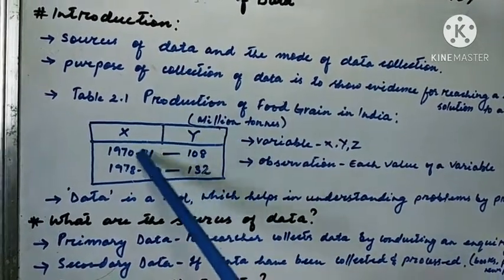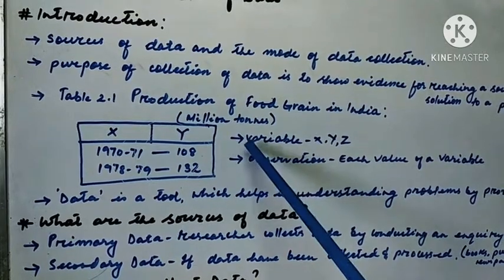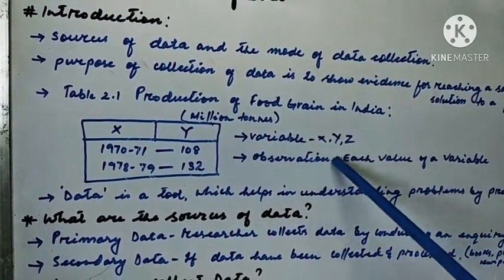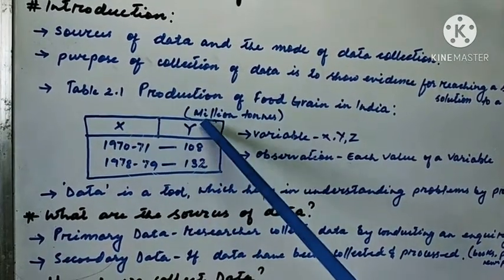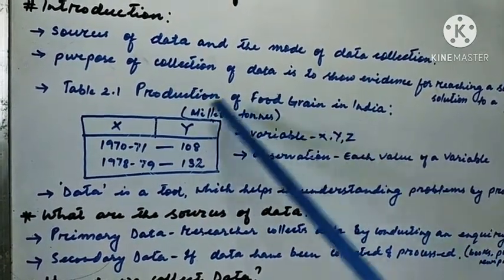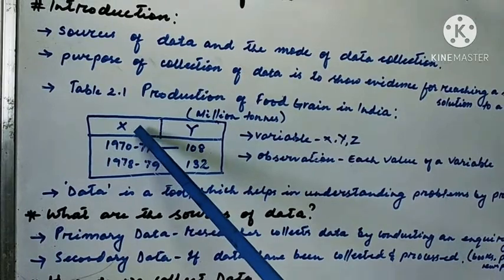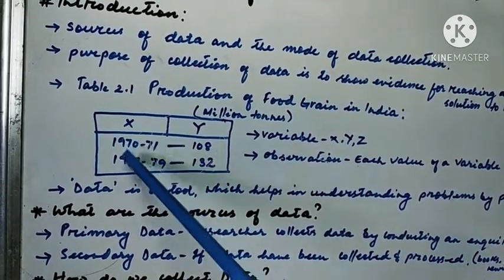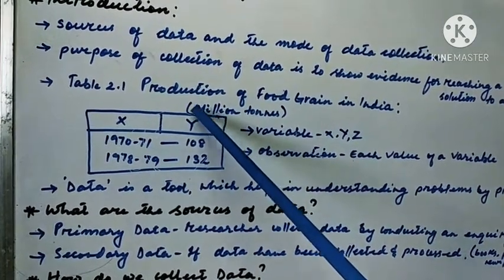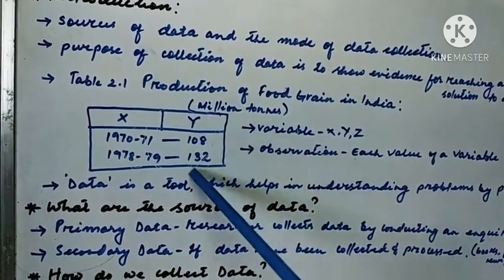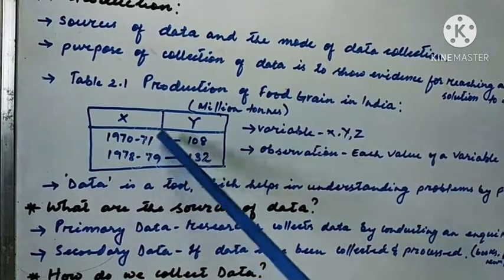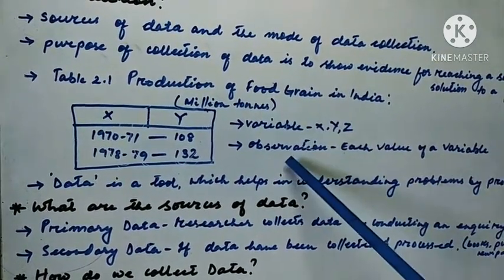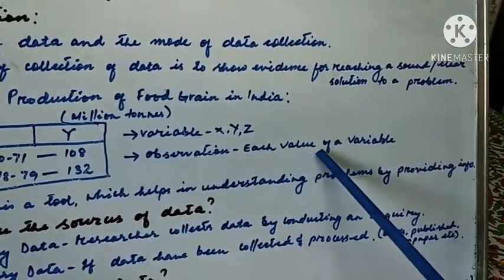What is a variable, you may ask? Variable means the value keeps on changing. It is not constant. Here X and Y are called the variables. X represents the year of production, and Y represents the production or output in a particular year. Observation means each value of a variable.